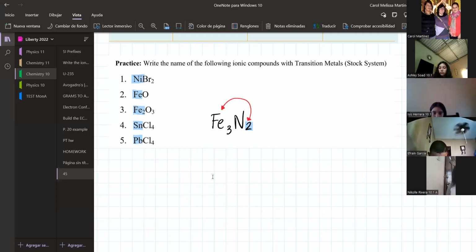In other words, what I have here is iron 2. And then I just write the name of the anion. Because it's nitrogen, I know that this is not going to be nitrogen, it's going to be nitride. Iron 2 nitride is going to be the name of the compound. I will do the same with the rest of the examples.